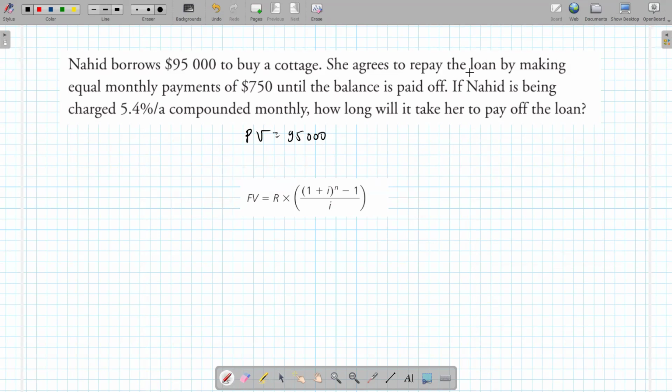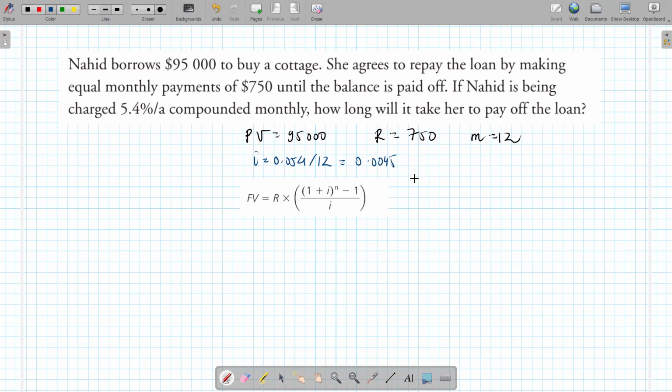She agrees to repay the loan by making equal monthly payments. So we have the R value, 750 every month, 12 months. So we have the interest rate, 0.054. And again, remember, divide this by 12. 0.054 divided by 12 is 0.0045.